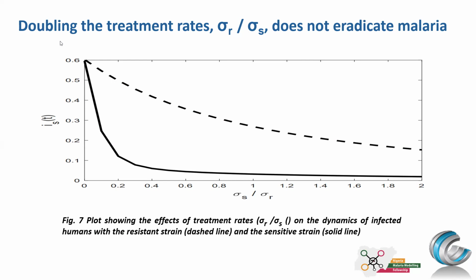So this suggests that it's necessary to have a mix of interventions in order to achieve malaria elimination and eventual eradication.